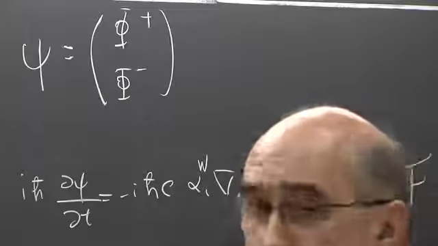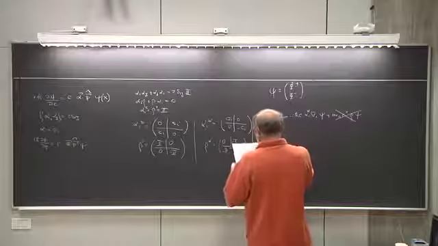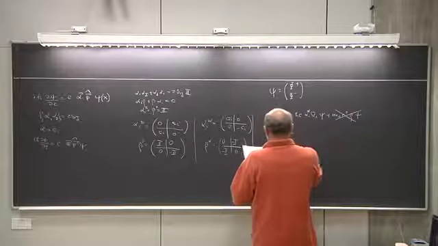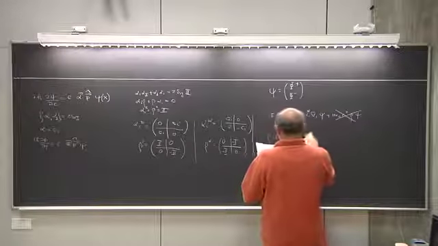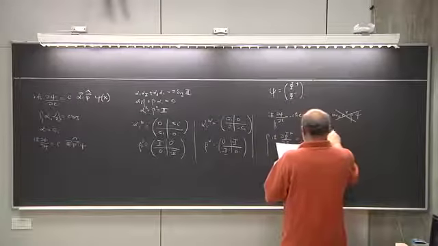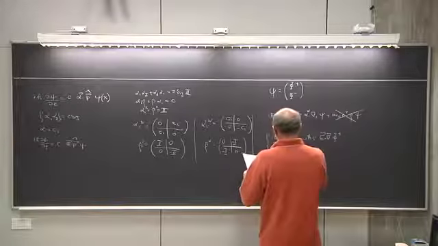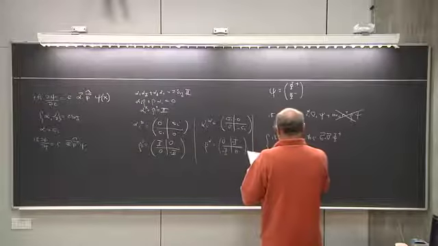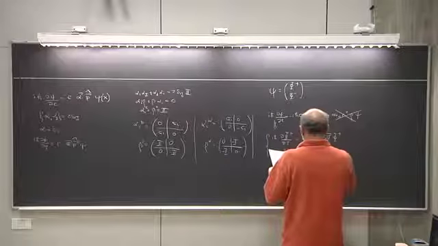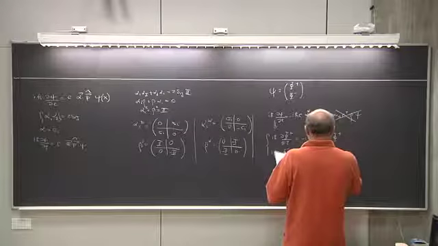Because it is diagonal, this one goes into two decoupled equations: i h bar d phi plus dt equals minus i h bar c sigma dot gradient phi plus, and i h bar d phi minus dt equals plus i h bar c sigma dot gradient phi minus.